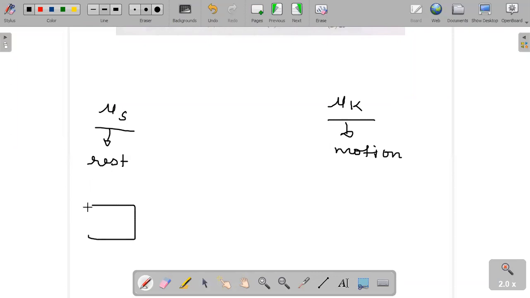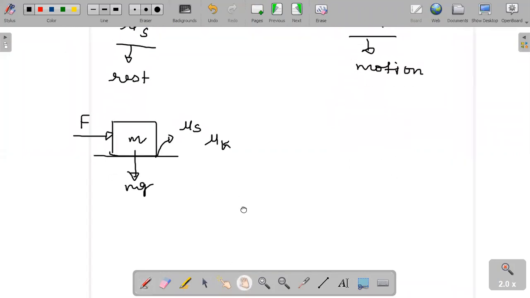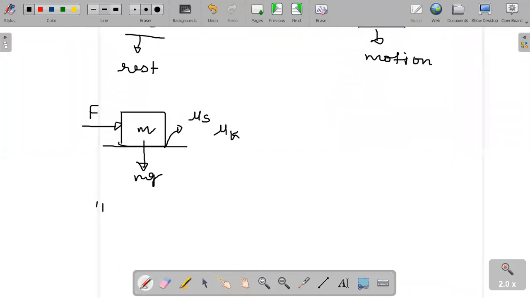For example, let's take a situation that you are applying a force F, and there is mass M, that is mg, and there is mu s given and mu k also given. So first case and second case. What will be the direction of friction? Can you say? Friction क्या करता है? It opposes the motion.